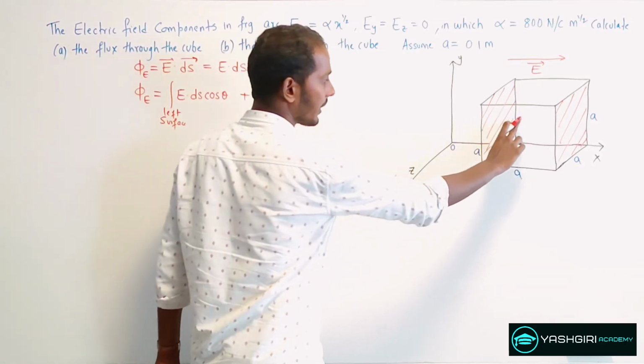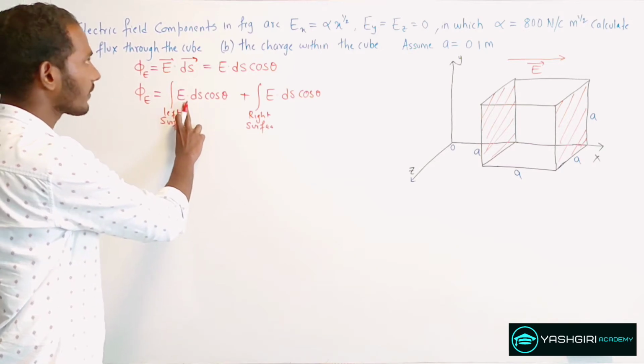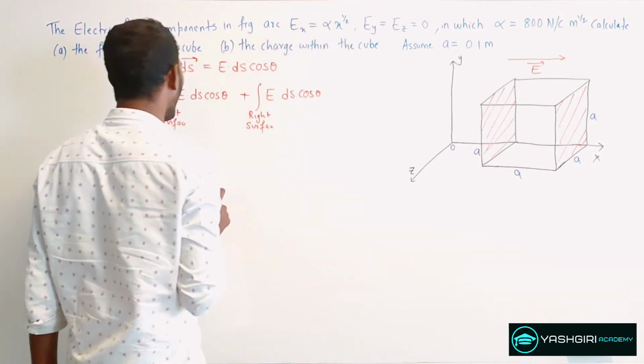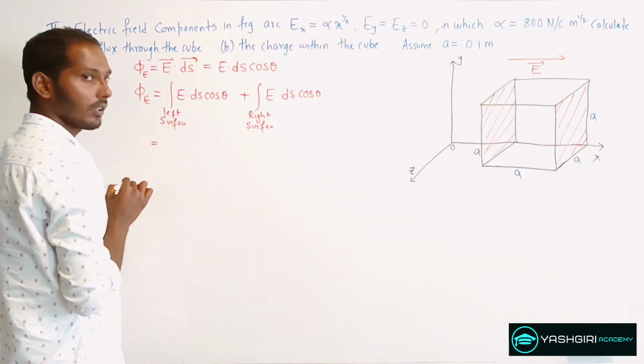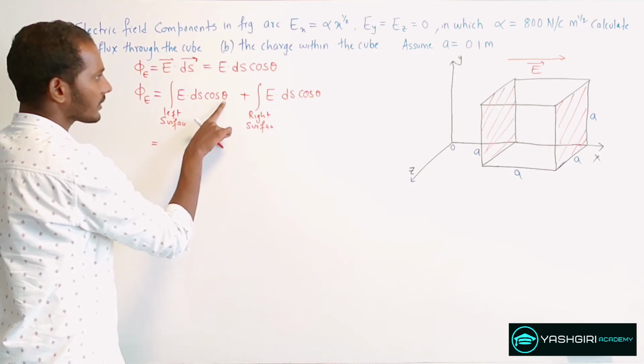Only 2 surfaces will be contributing. Now here the electric field along the x component that is given to us is alpha x to the power of half.